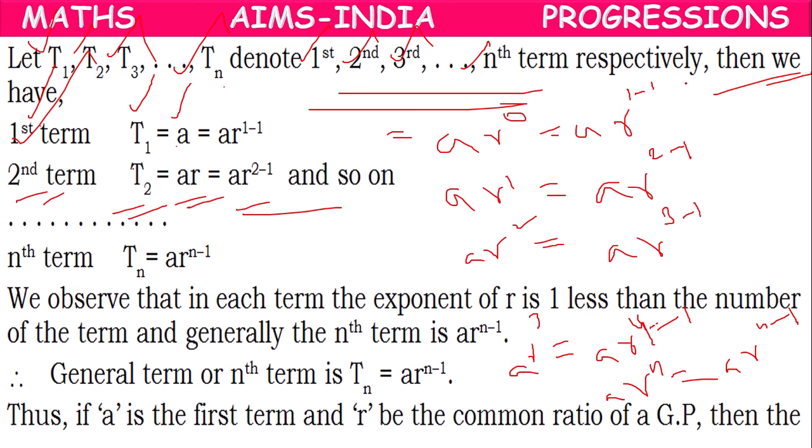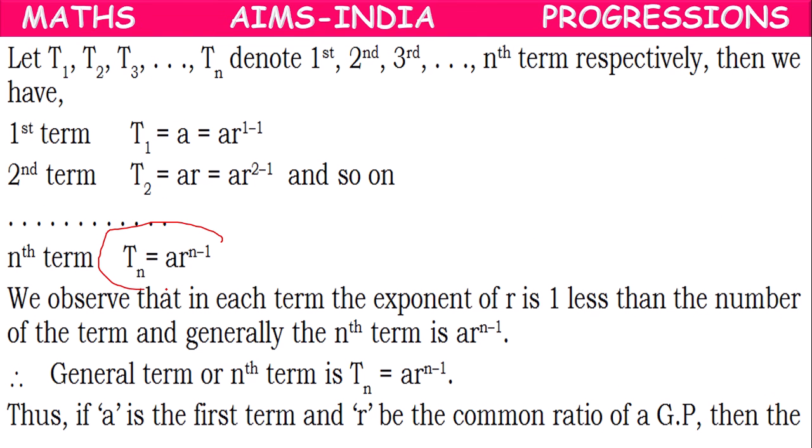Because for first term we got 1 minus 1, second term 2 minus 1, third term 3 minus 1, fourth term 4 minus 1, fifth term 5 minus 1. Like that, nth term will be AR to the power of n minus 1. So this is the formula for general term of a GP, or nth term of a GP.